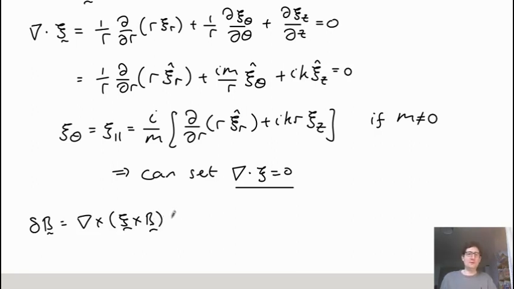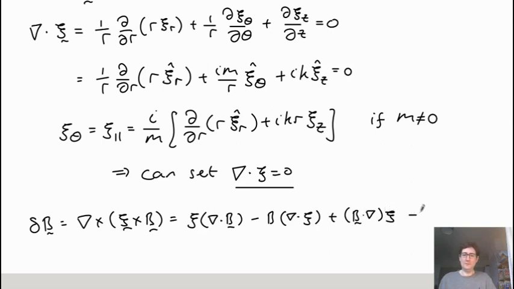And this we can expand out as a vector identity. We have a divergence of B, which is obviously 0, then we have a B times a divergence of xi, which we just decided is also equal to 0, and then we have B dot grad xi minus xi dot grad B.